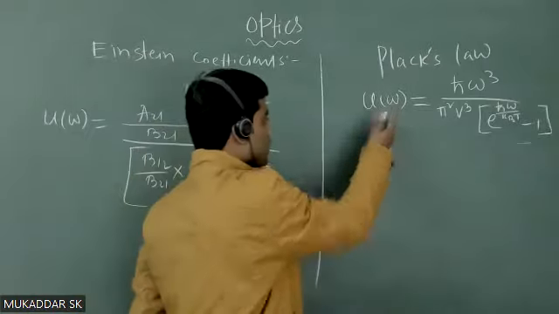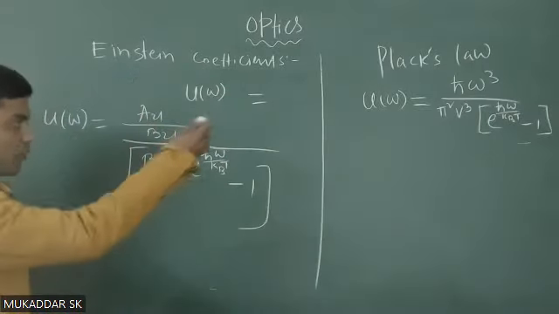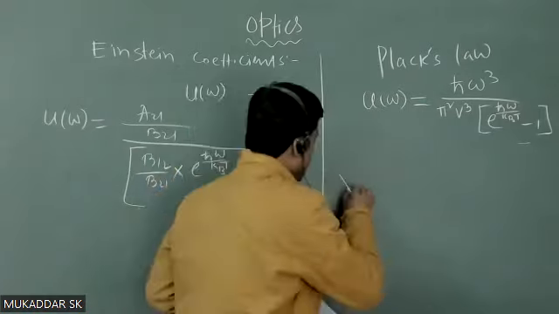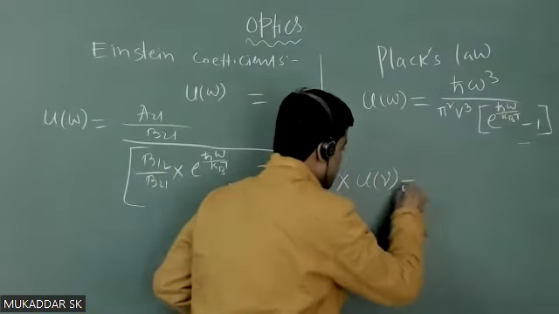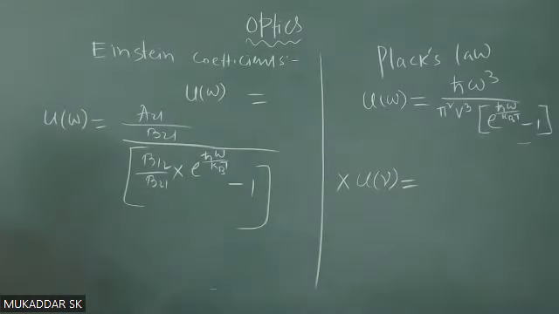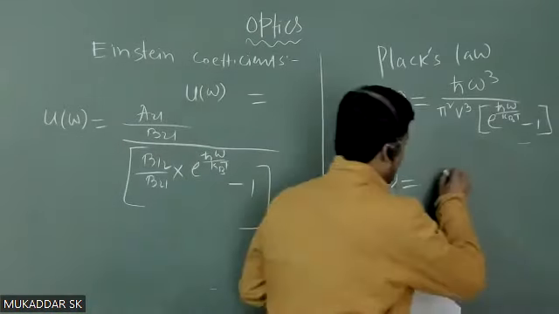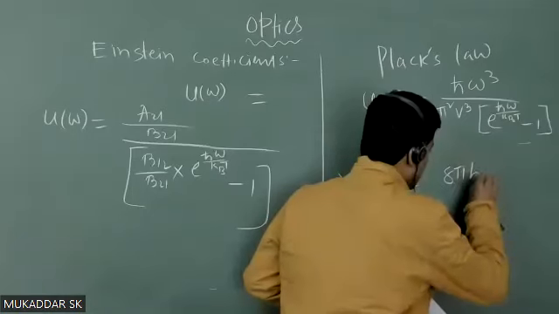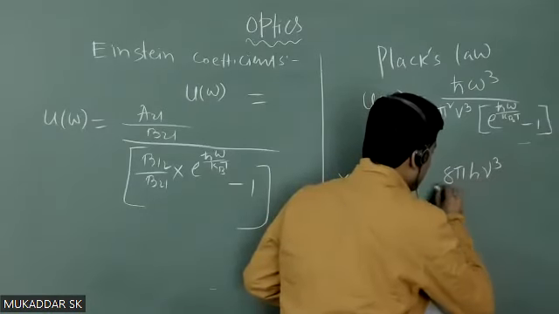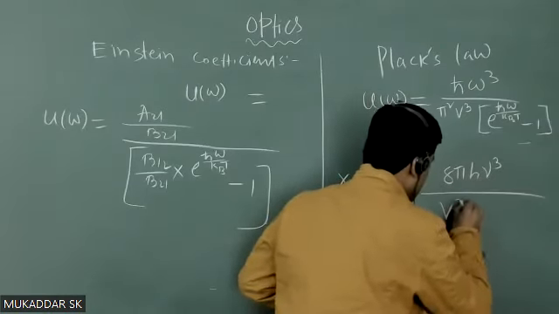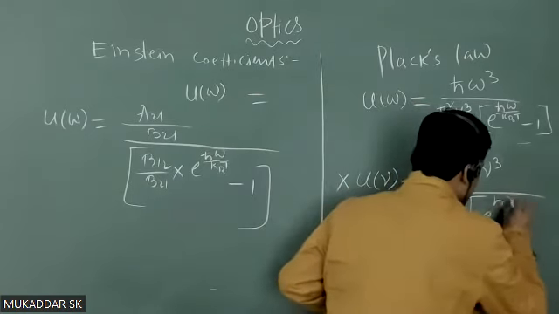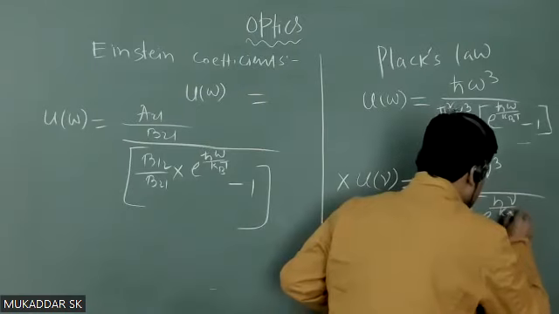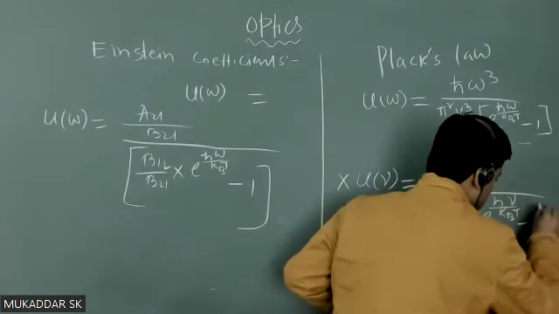This is in terms of angular frequency, but in terms of frequency, it becomes U as a function of nu, which will be 8 pi h nu cubed divided by v cubed, times 1 over exponential h nu by kBT minus 1.